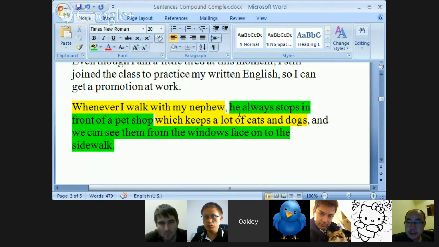Here's where yesterday we started talking about this. This is a relative clause. Is it absolutely necessary to the meaning of the sentence? Do we absolutely need this? It's debatable whether we need a comma here or not.